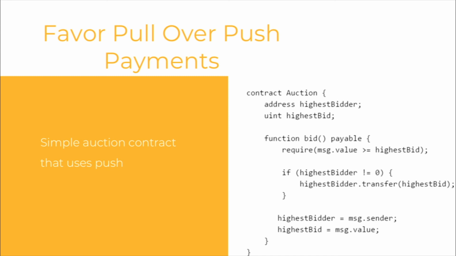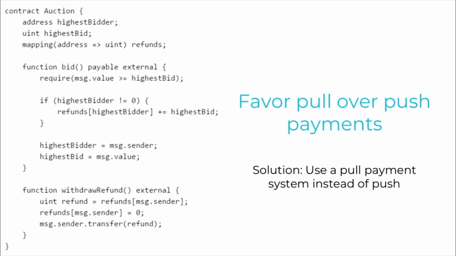Also, push functions can stop working if you loop over an array while sending to users, because you can run out of gas. So it's better to use a pull payment system, like in this example, where you allow users to withdraw and pull their funds instead of pushing funds to them.